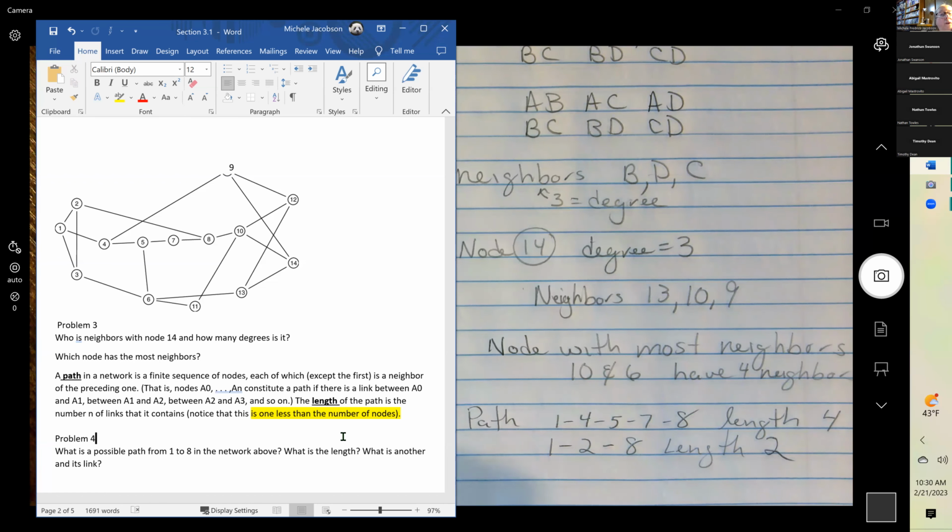We can even go the long way and go 1, 3, 6, 12, 14, 10, 8. We could even go 14, 9, 4 if we want to go the scenic route. So there are a lot of paths to get from 1 to 8. Any questions on that?